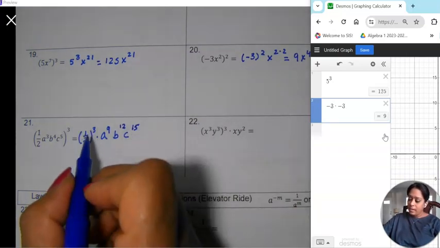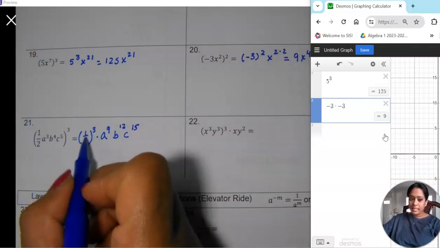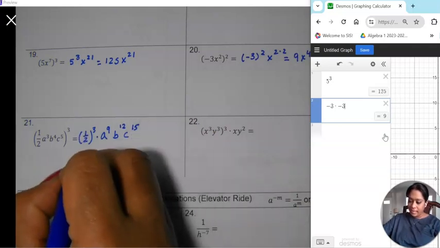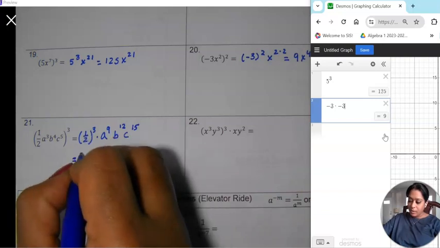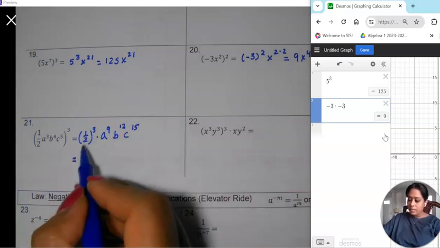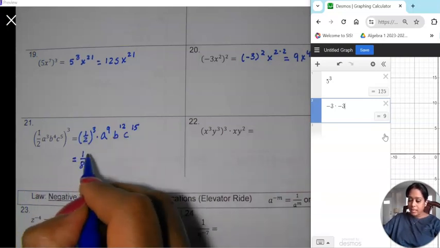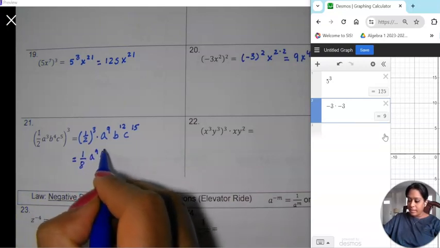Okay, now here the 3 has to get distributed to everything inside of my parentheses. So 1 cubed is 1, 2 cubed is 8, and then we have everything else. So I'm just going to go ahead and bring everything down.